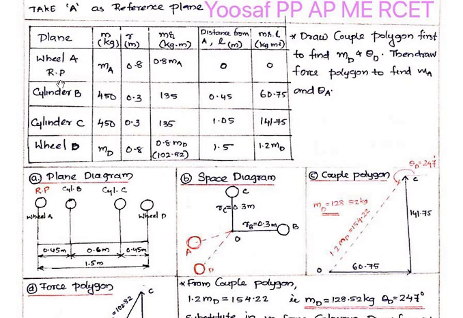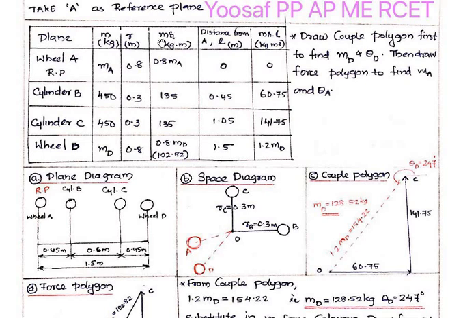Wheel A is taken as the reference plane, and the radius is 0.8 meter for planes A and D, where we place our balancing masses, and the cylinder masses have radius 0.3 meter or 300 mm.